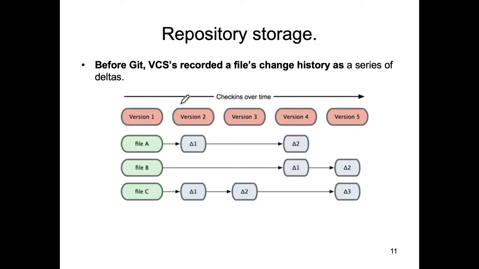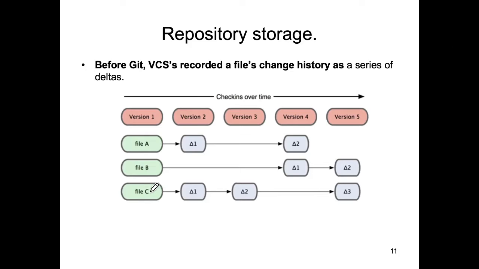Now, in version control tools prior to Git, this is not how Git works now, the way it recorded the changes you've made was by recording just the delta. The delta is what change has happened to a particular file since the previous update.